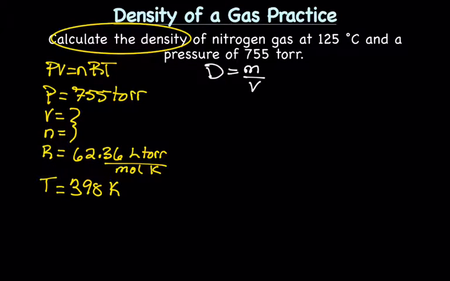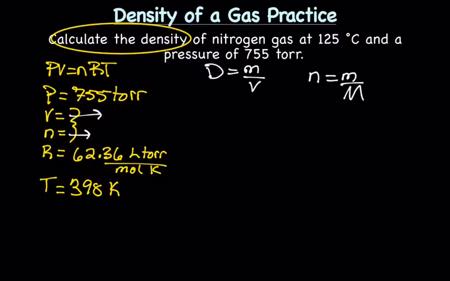Okay, well, that kind of helps us with the volume area. But what about our n? Well, let's write this. n, or number of moles, equals mass over molar mass. So now that we've got all of this written down, what do we do from here?